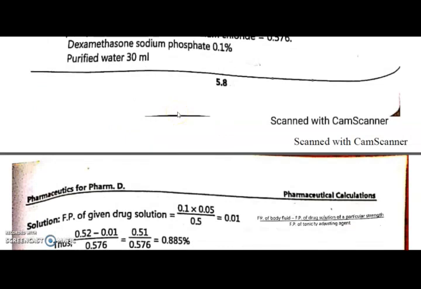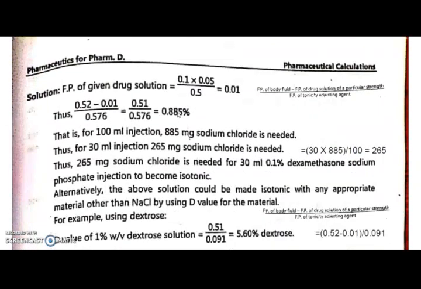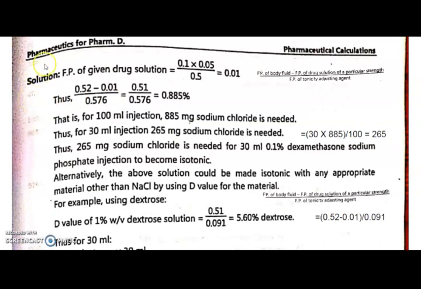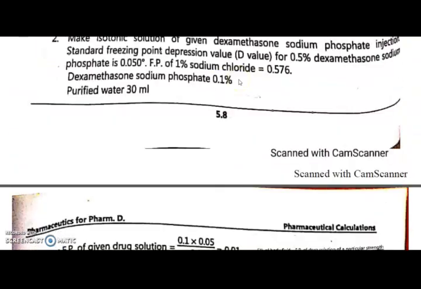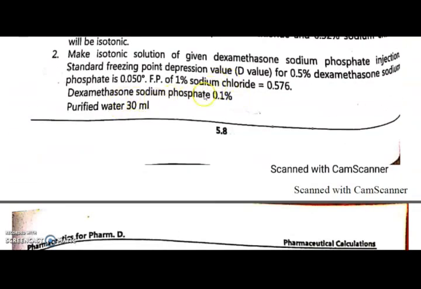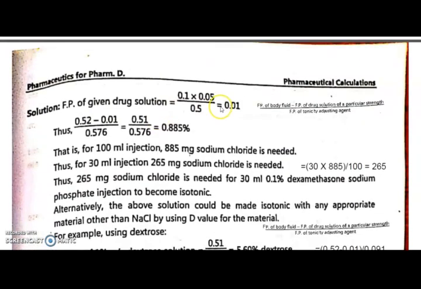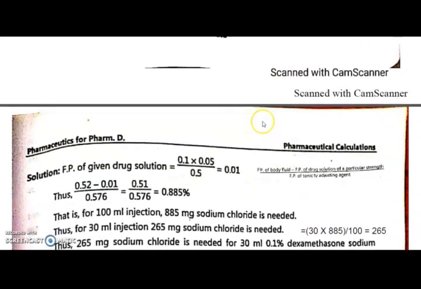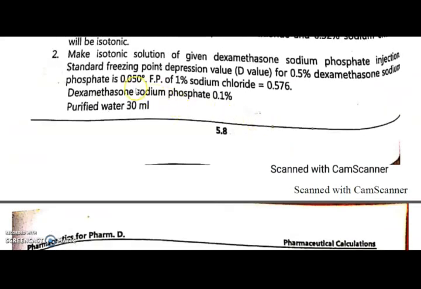Now going towards the solution of this example. First of all, we have to calculate freezing point of the given drug solution. It is 0.1% weight by volume dexamethasone sodium phosphate. Here, the given freezing point depression value for 0.5% weight by volume dexamethasone sodium phosphate is 0.05.